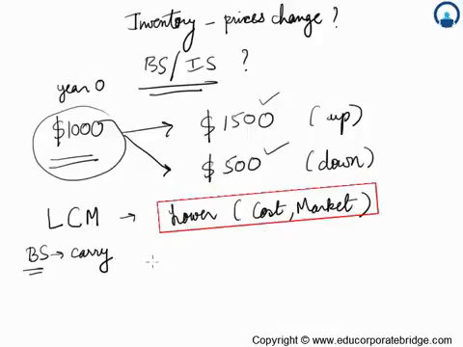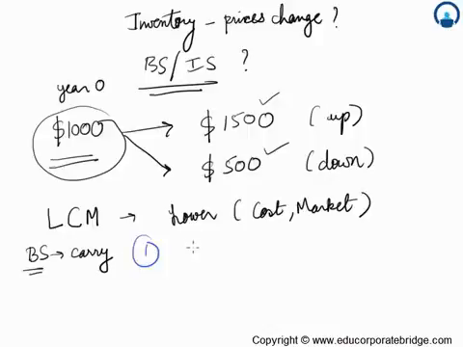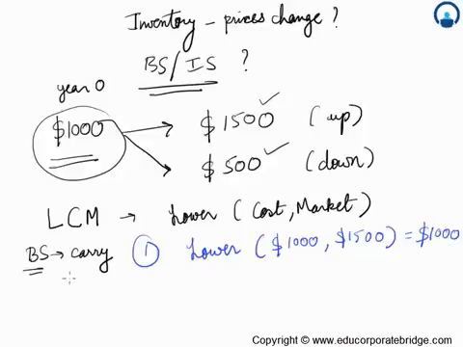So let's discuss case 1 and see how it works. Case 1 is that the price should be the lower of $1,000 and $1,500. So here the price would be $1,000, which is the lower of the two. So the balance sheet would carry an amount equal to $1,000.